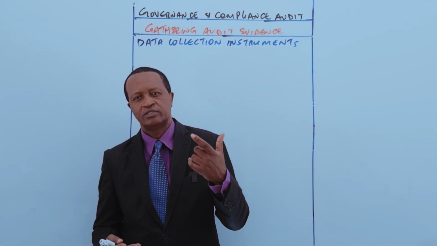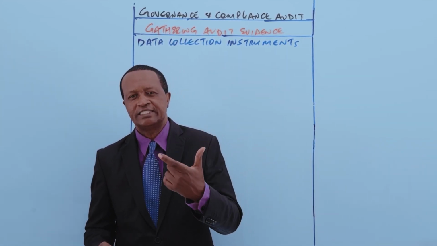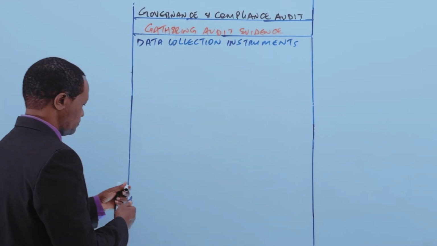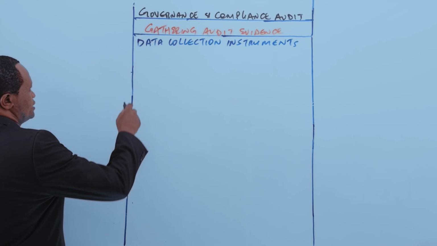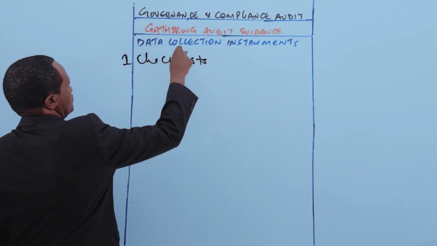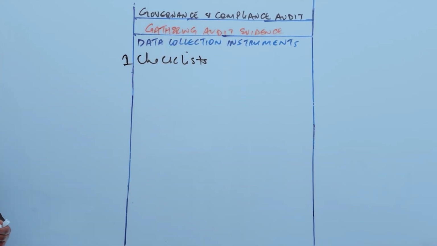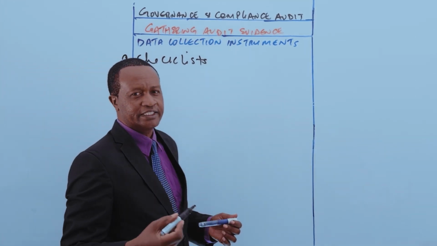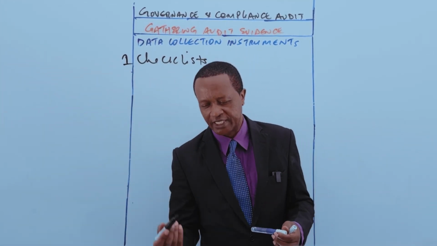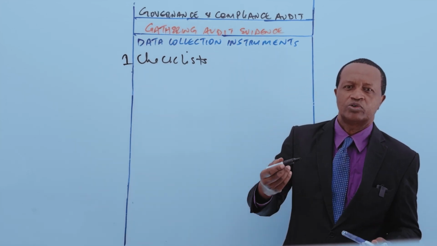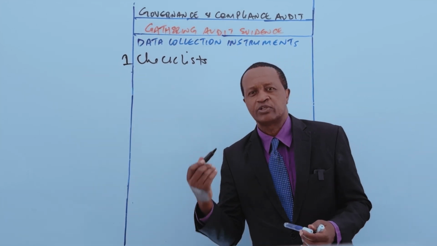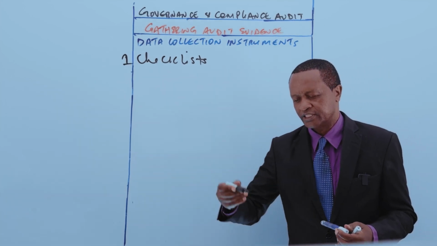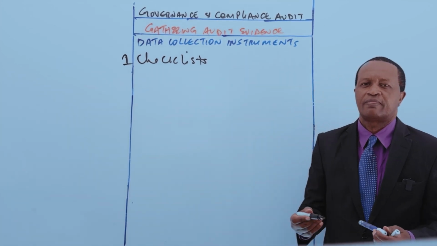And one such instrument is checklists. Checklists are lists of predefined items or tasks or controls that an auditor uses to verify that all the necessary steps have been taken.